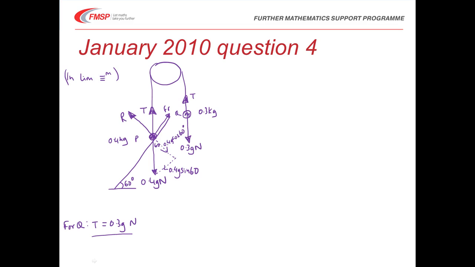More about that in a moment when we resolve. And we also need to consider components of this tension force. There's a component parallel to the plane and one perpendicular to the plane, so I need to know this angle in here. And by a little bit of chasing the angles, you ought to be able to see that if that angle is 60 and this one is therefore 30, we have a vertical line here and a vertical tension, and the line parallel is at 30 degrees, so the angle here must be 30.